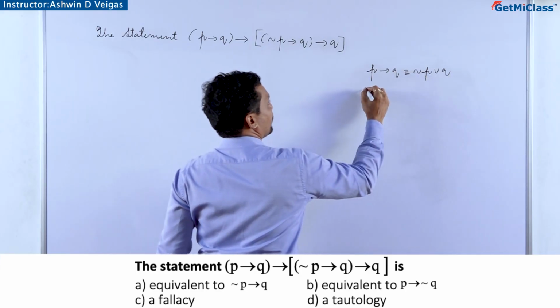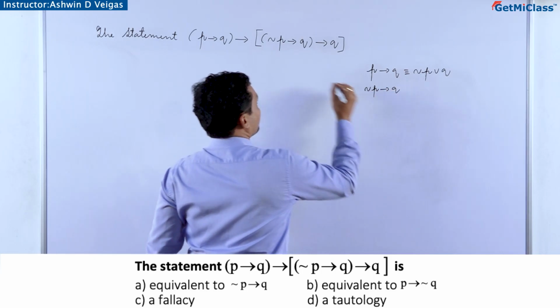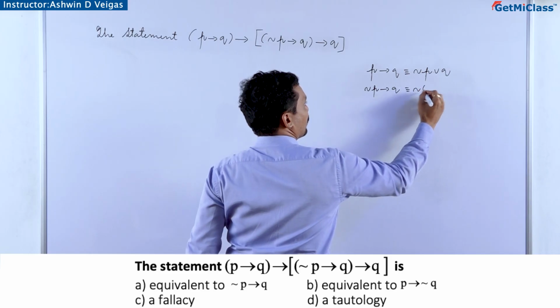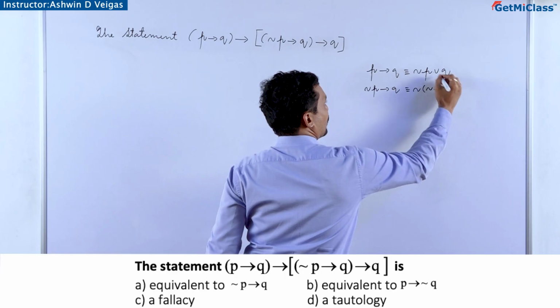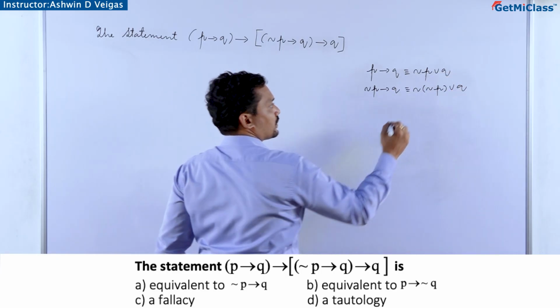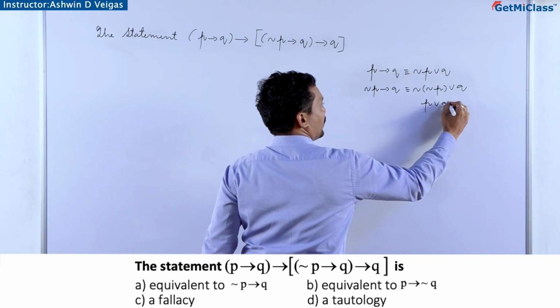So negation of (P then Q) becomes negation of the first term, or, the second term as it is. Negation of negation P is P, so we will get P or Q.